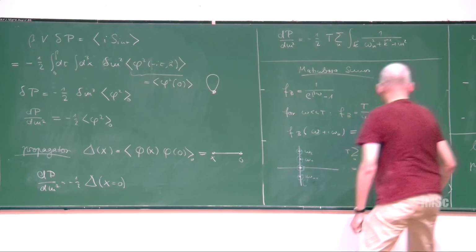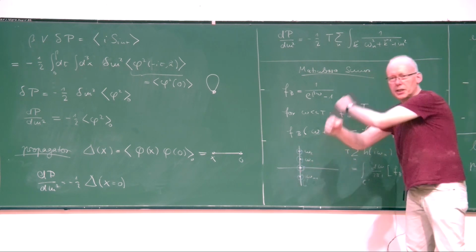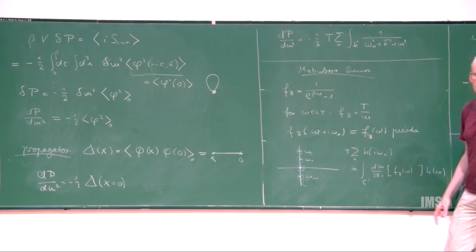If I apply the residue theorem for all of them by shrinking the circle to 0, I get just h evaluated at the poles, and that gives me this sum here.